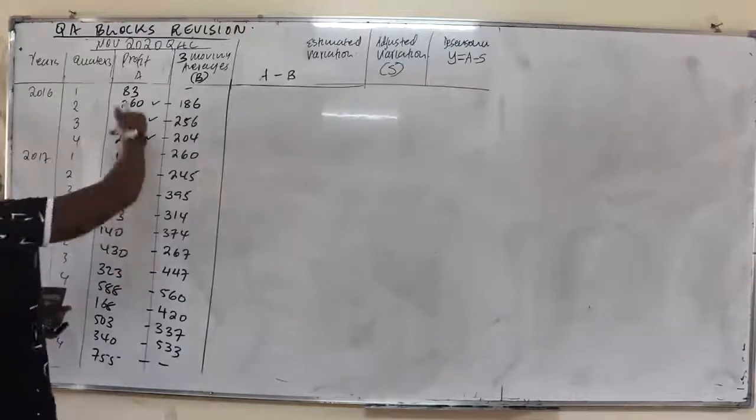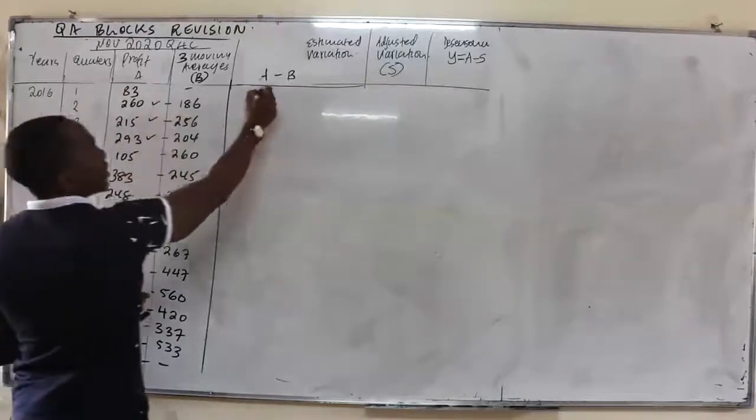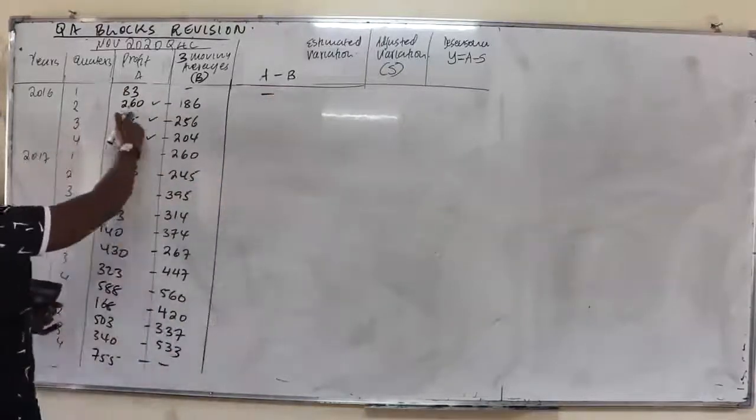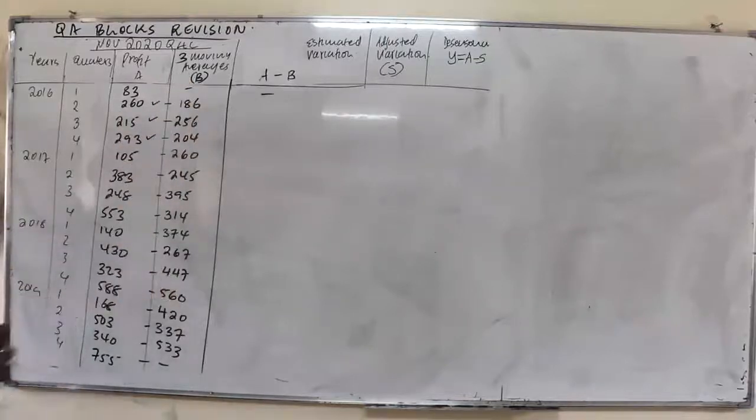So you'll be taking 83 minus dash, ignore that. 260 minus 186, like that. So let's do that.